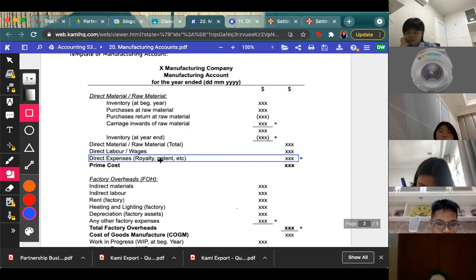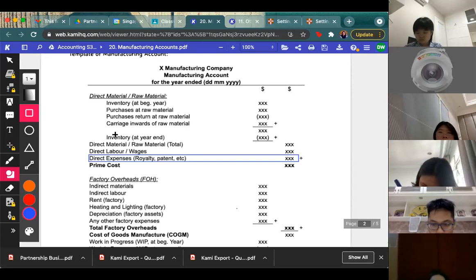So in the case that you are not given with direct expenses, do not try to add any other expenses and place it as direct expenses. Remember direct expenses is optional, can be there or not there. But the ones that are always there are material as well as labor.